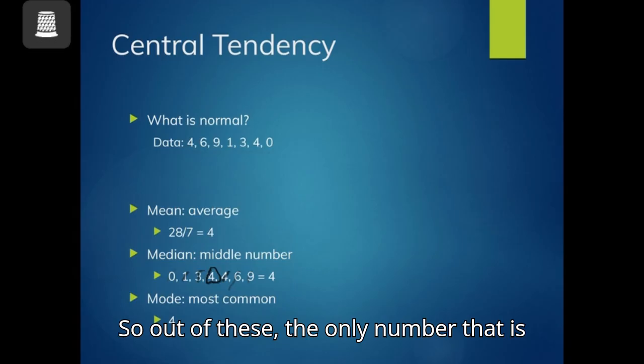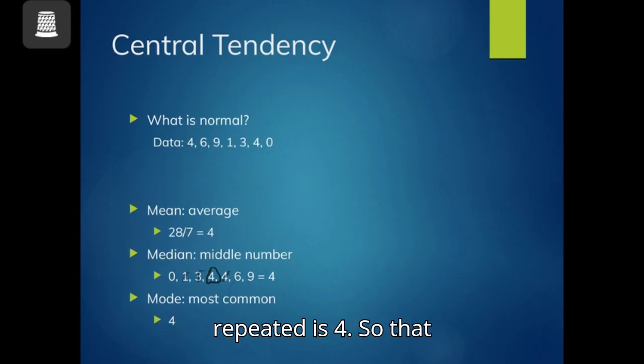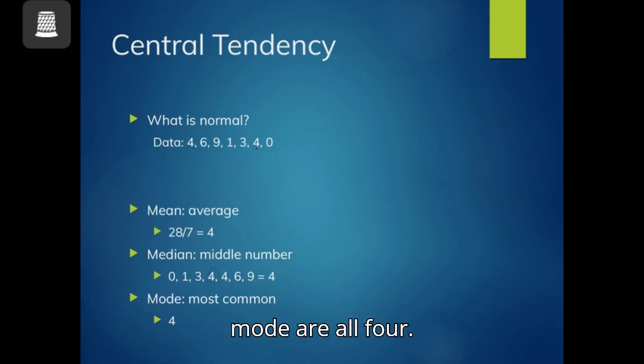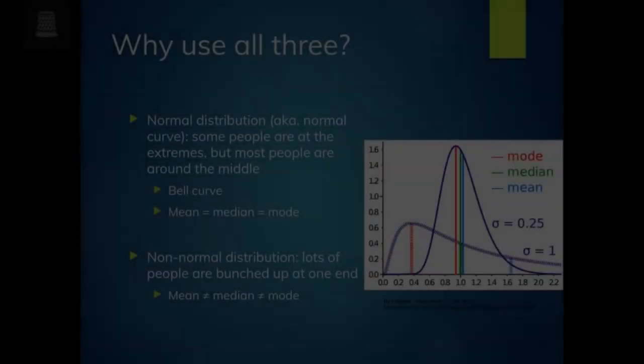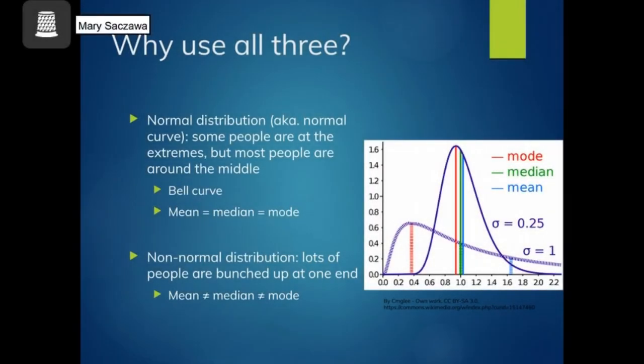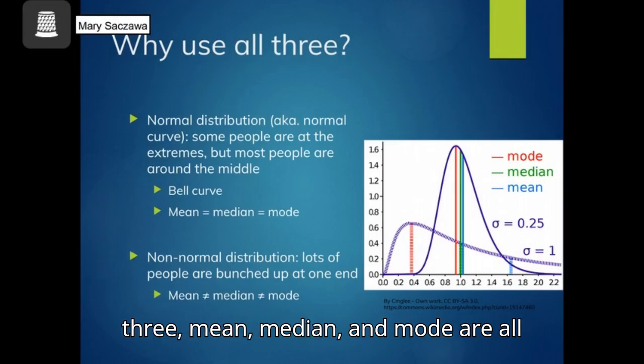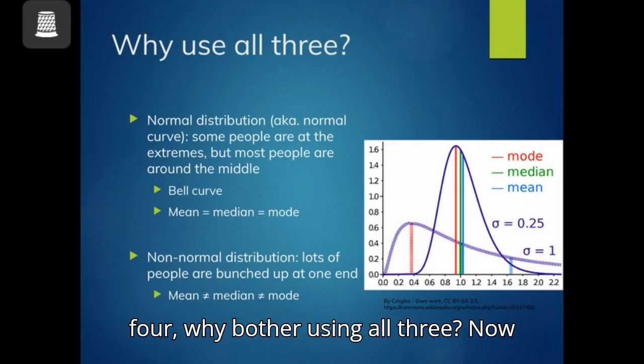So out of these, the only number that is repeated is 4. So that means our mode is 4. So in this case, the mean, the median, and the mode are all 4. So if mean, median, and mode are all 4, why bother using all three?